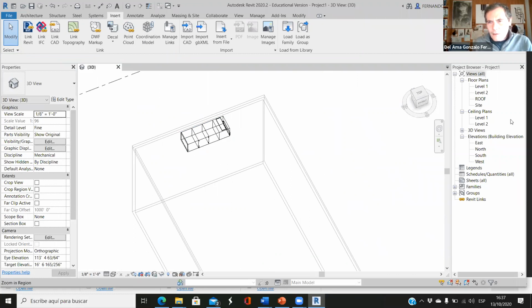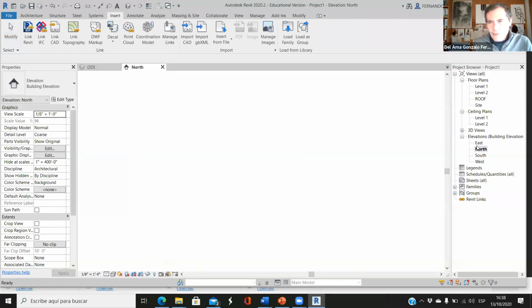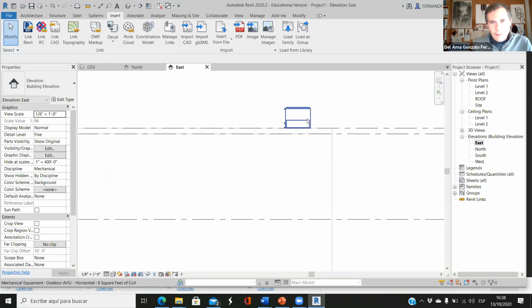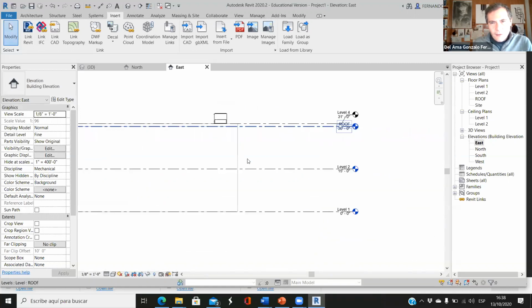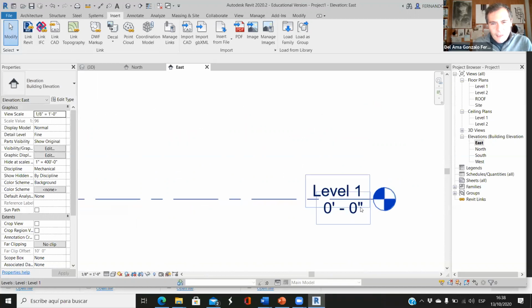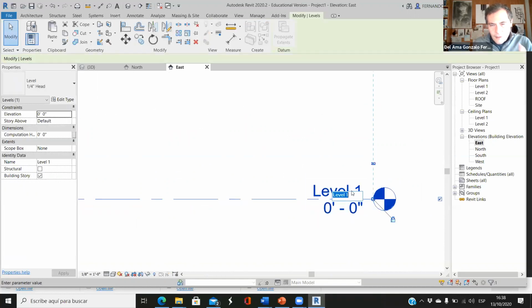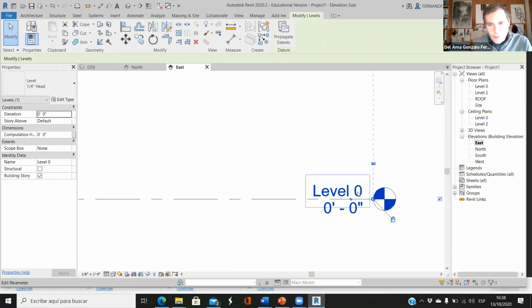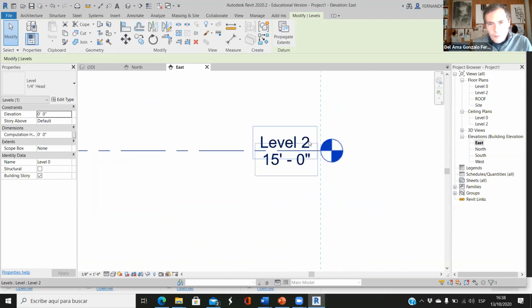But let me go to the east elevation or the north elevation. No, the east is better. Okay, let me change this. This is just to clarify myself. Instead of having level 0 at the 0 level, I like to name this, if it's 0, that's level 0. That would be level 15.